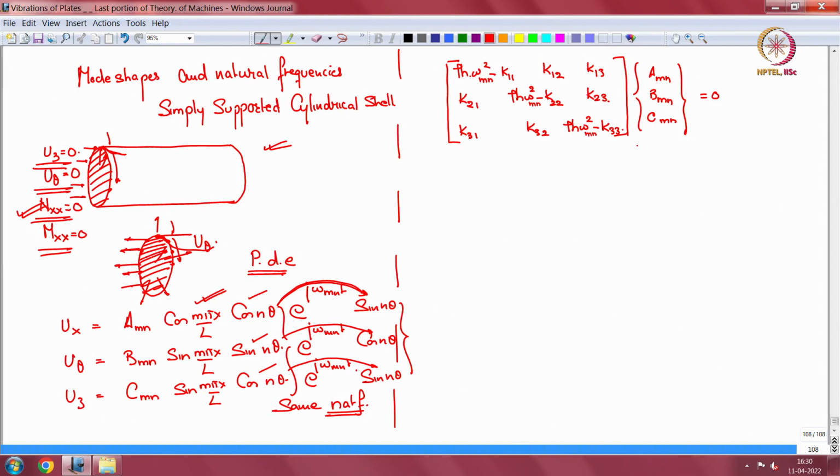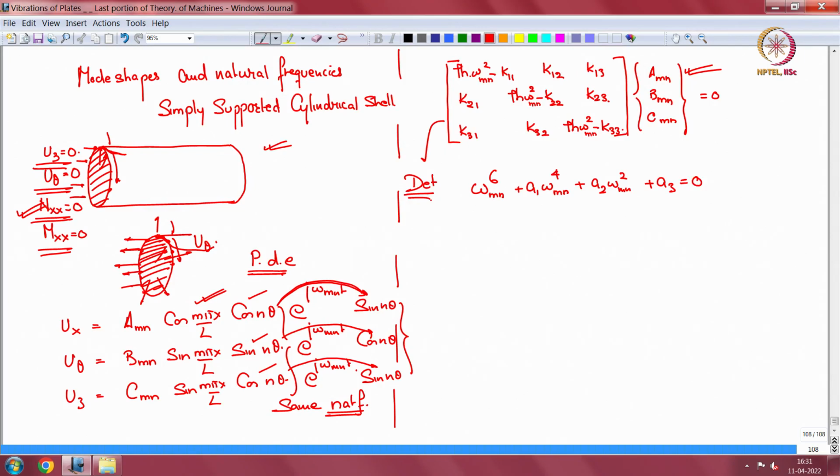And for non-trivial values of AMN, BMN and CMN, the determinant of this matrix has to be 0. That ends up giving us a 6th order equation in omega. So, we get omega mn to the 6th plus a1 omega mn to the 4th plus a2 omega mn square plus a3 equal to 0.